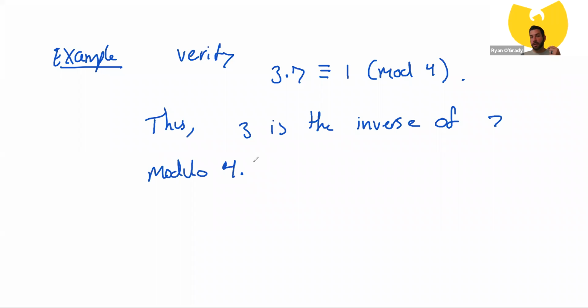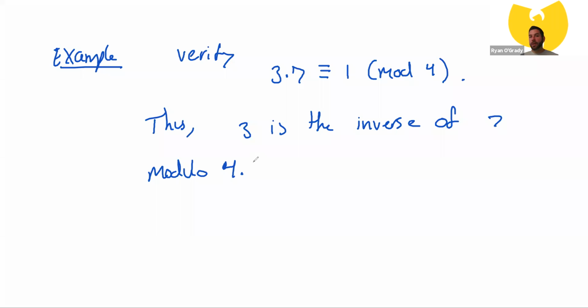And so 21 minus 1 is 20, and that's divisible by 4. So that's how I did it in my head. I'm not saying that's the only way you can do it. And in fact, I'm not even suggesting that you need to know how to find inverses yet. I am just showing you that this is one. That's why I said verify. Convince yourself that 21 minus 1 is divisible by 4, because it is. And so because that's the case, we say 3 is the inverse of 7 modulo 4.